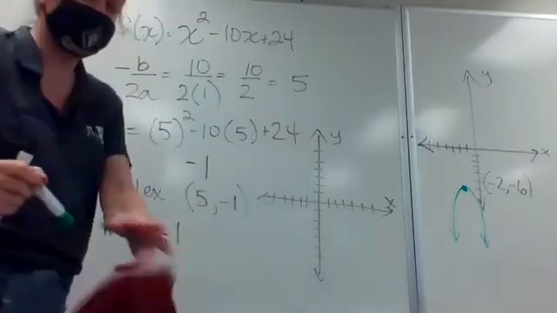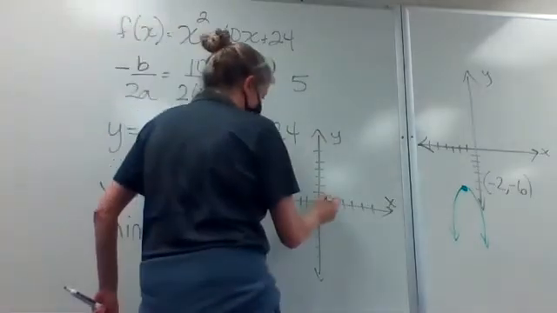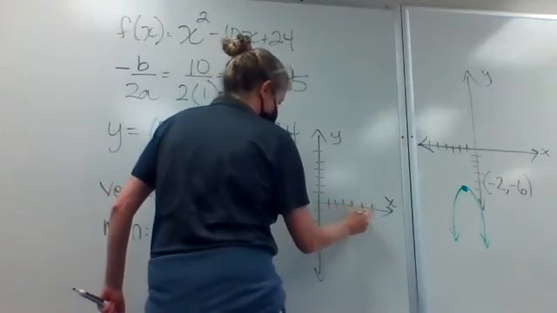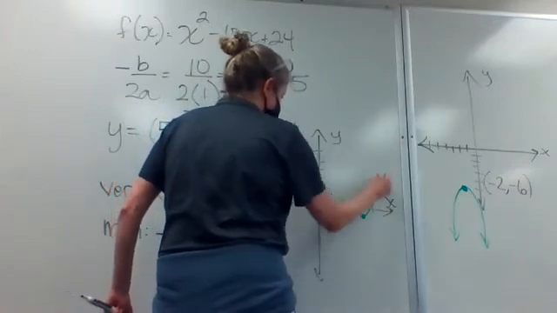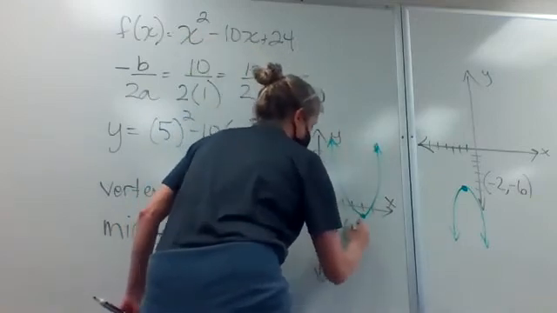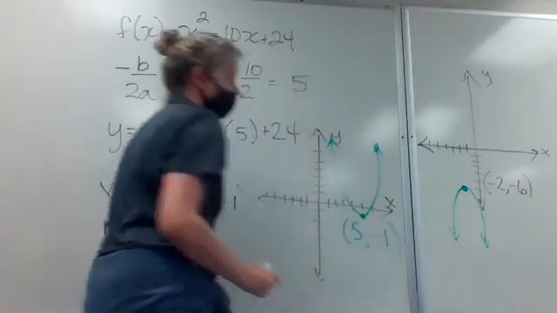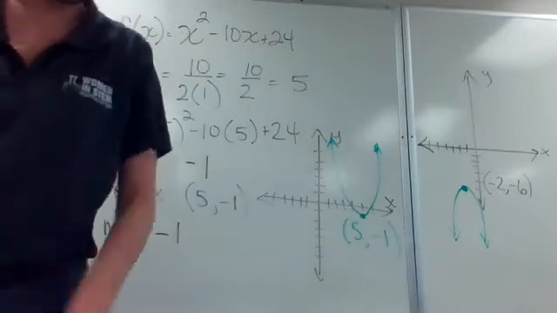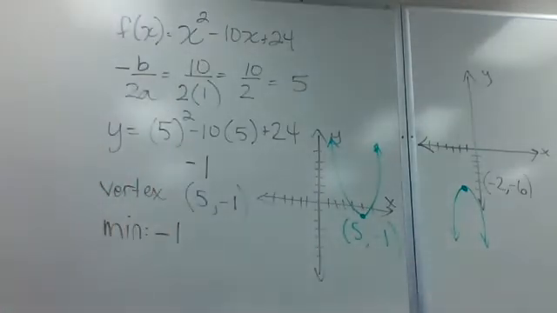Let's see, its vertex is at 5, -1. So to the right 5, down 1, it opens upward. So the range, what values does the range talk about? The x values or the y? Y values, okay?